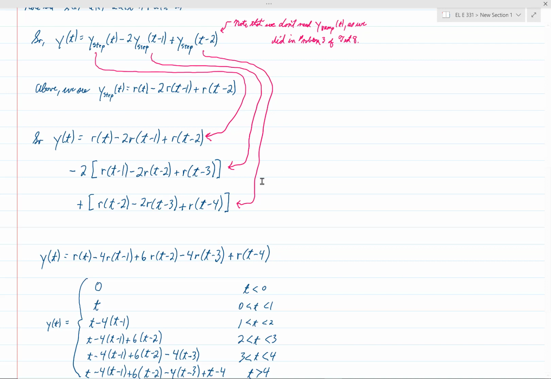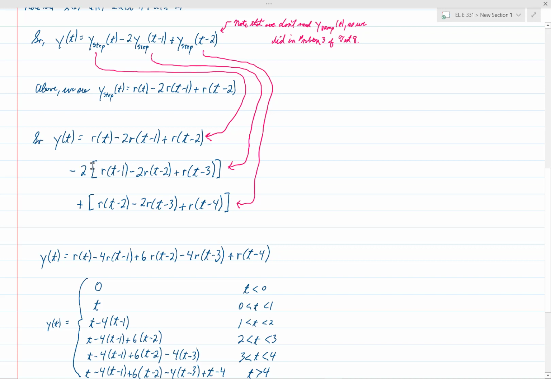And now what I'll do in the next line is just collect everything together. So we have an r of t here that comes down. And then notice we have a minus 2 r of t minus 1 there, and a minus 2 r of t minus 1 there. So that's minus 4 r of t minus 1. And then we have an r of t minus 2 there, and a minus 2 times minus 2, so 4 r of t minus 2 there, so 1 and 4 is 5, and an r of t minus 2 there, so that's 6 r of t minus 2.